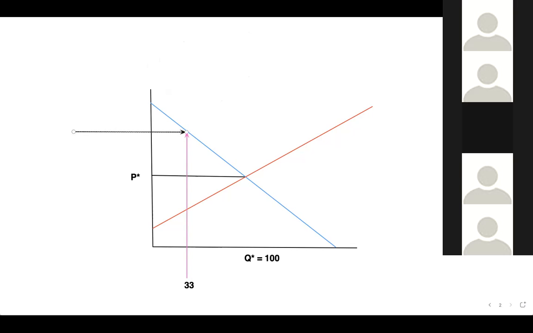Let's just say it's, for sake of argument, $1,200. So what that means is whoever, and we happen to know the identity right now, it's you or it's me or whatever, the person that's buying that 33rd pound of marijuana is willing to pay at most $1,200 for it.